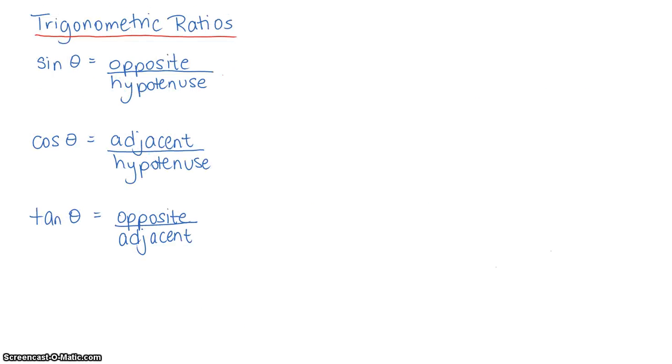Now when we're working with trig, there are three ratios that we need to know. There is a sine, cosine, and tangent. Sine, written short S-I-N, not pronounced sin, it's sine. The actual way that you write it is S-I-N-E, so that's sine. Cosine, short is C-O-S.